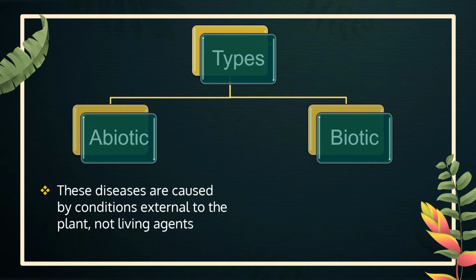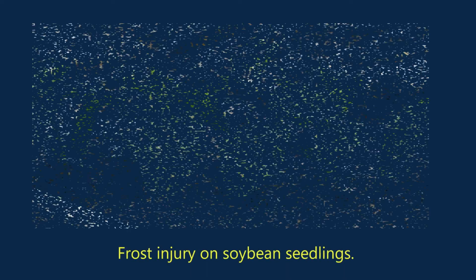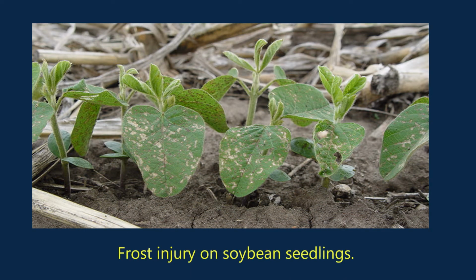They cannot spread from plant to plant, but they are very common and should be considered when assessing the health of any plants. For example, in this slide, you can view the picture of a plant. This plant is soybean. This plant was affected due to the extreme cold temperature.